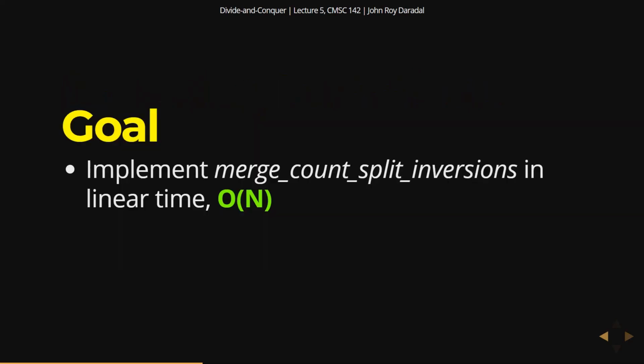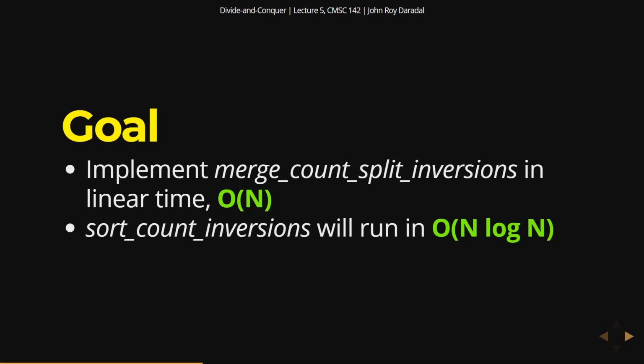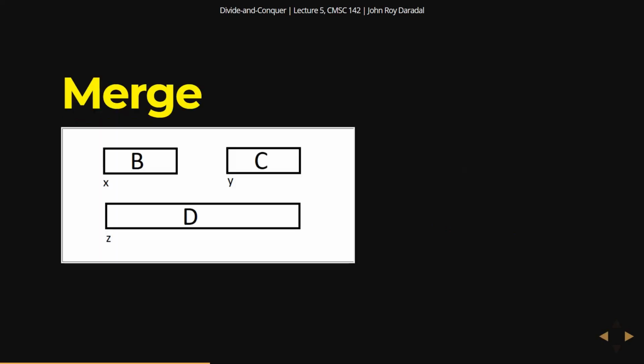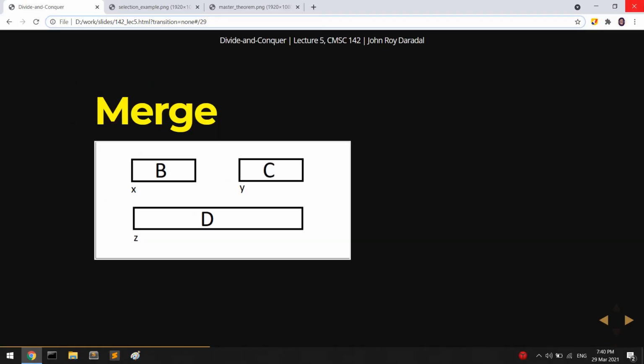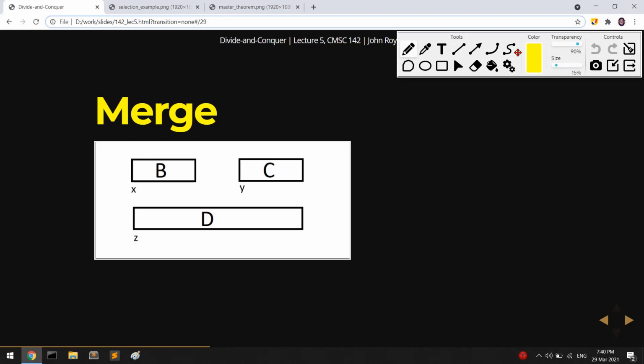Okay, so our goal is to implement merge and count split inversions in linear time, O of n, so that sort and count inversions will run in n log n. Remember how merge works. You have something like this.